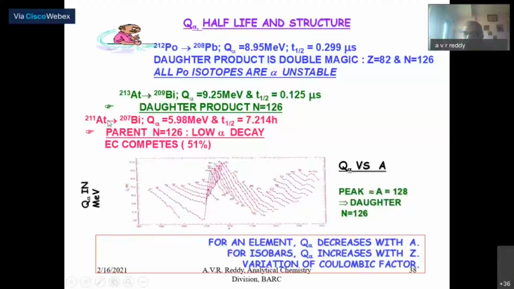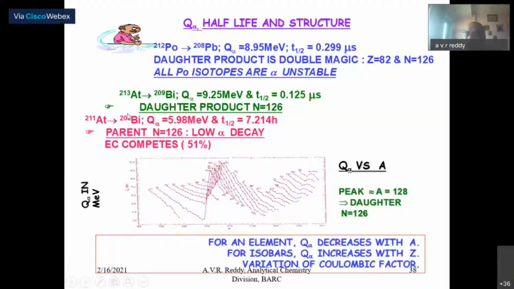Compared to this, just a 2 neutron number difference leads to a long half-life compared to this. From microseconds, you reach hours. And energy also there is a reduction because of this structure effect.